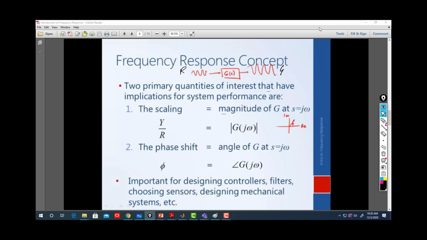Any system has a natural frequency, omega n squared, if it's a second order system, for example, s squared plus 2 zeta omega n s plus omega n squared. So this omega n for the spring should be far away from the force applied from the road to your suspension. This is just one example for a mechanical system, but you could think of any example that will vibrate at the natural frequency.